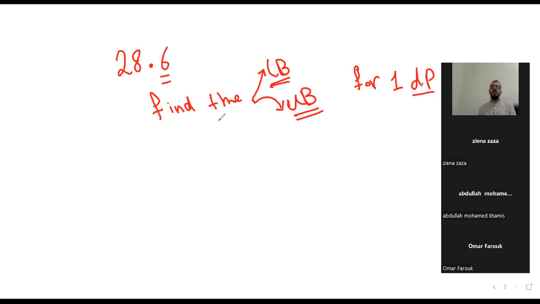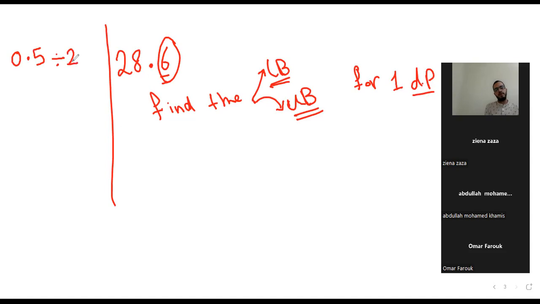One decimal place here is what? It is 0.1 divided by 2, which will be 0.05.